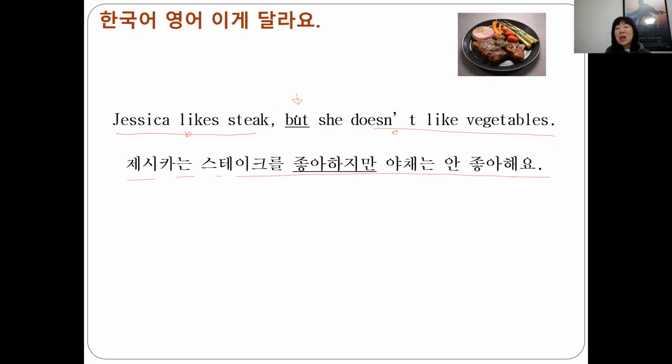Rather than putting a conjunction between them, we also have this way. 제시카는 스테이크를 좋아해요. 하지만, 그렇지만, 그러나 제시카는 야채를 좋아하지 않아요. 할 수 있습니다. But usually when we make it short, 제시카는 스테이크를 좋아하지만 야채는 안 좋아해요. Usually we use a short form. No, not usually, but there are many cases too.